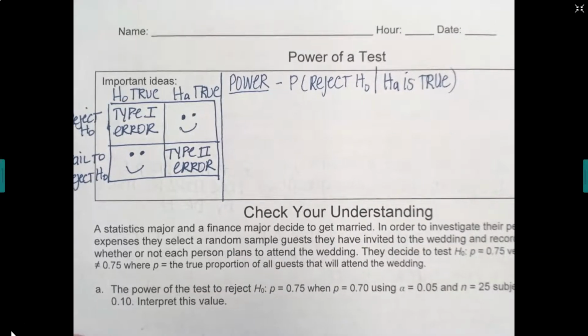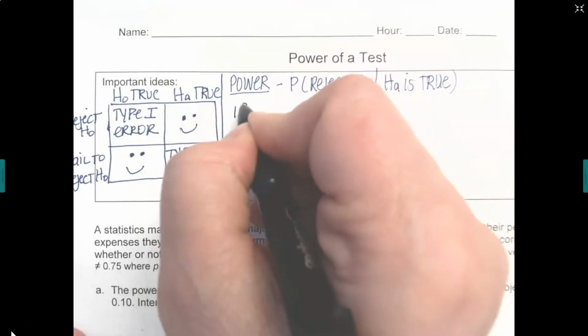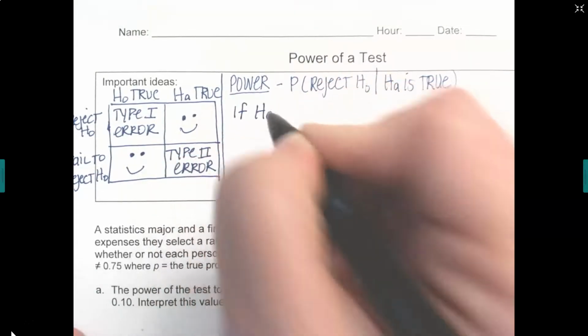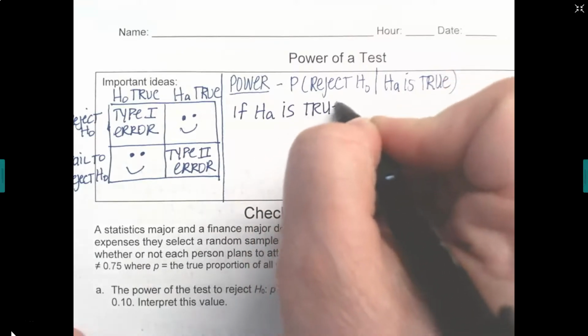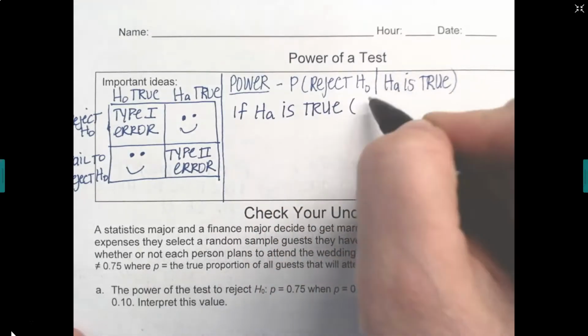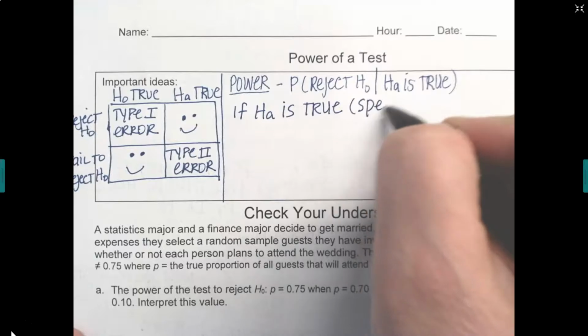Okay, so I'm going to give you kind of a little bit of a math lib for interpreting. So if your alternative is true, you got to specify in context.